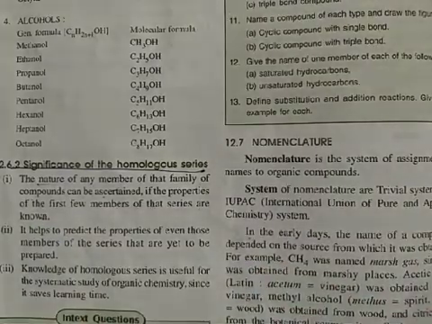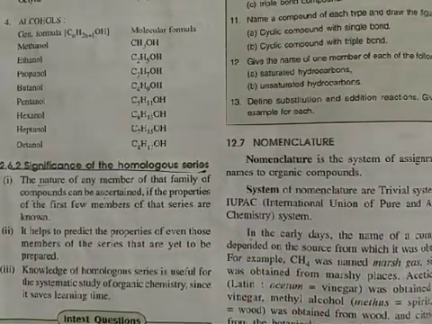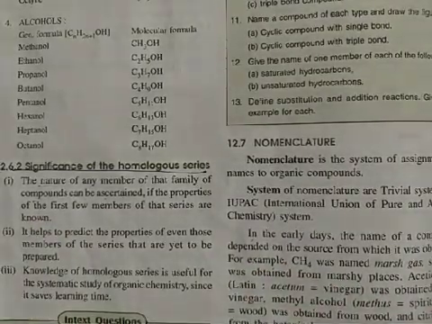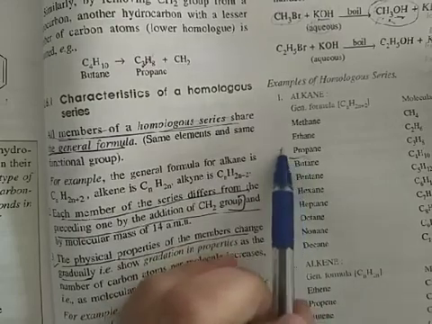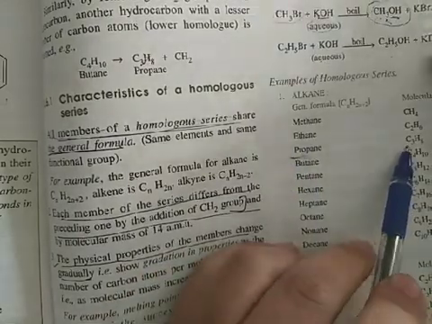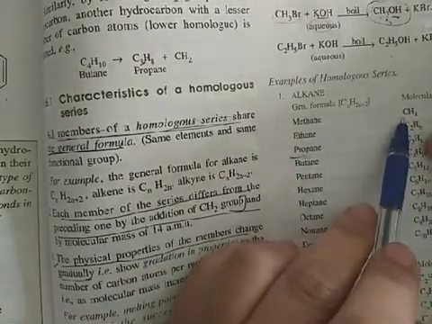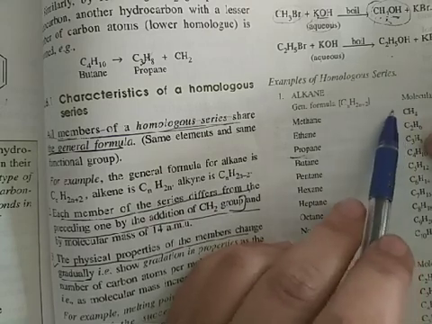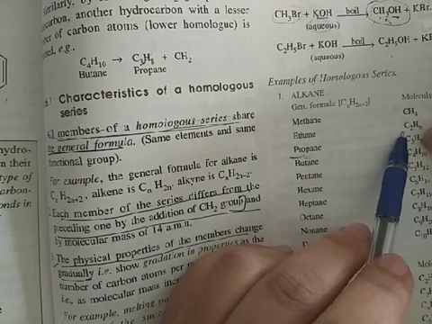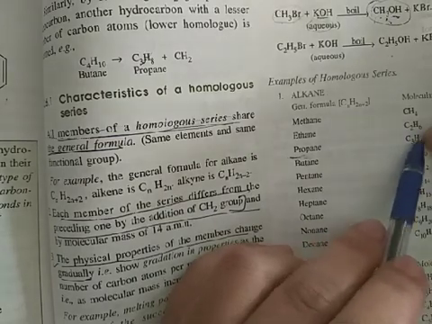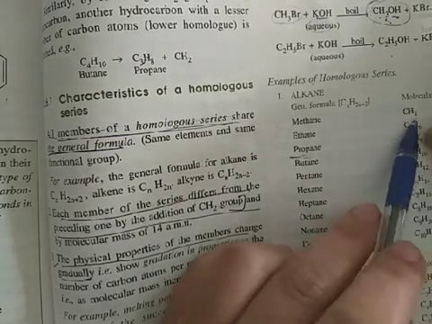If I don't know the chemical properties of propane or pentane, C3H8, but I know the chemical properties of CH4, then I can assume that this will also be kind of the same as CH4, right?